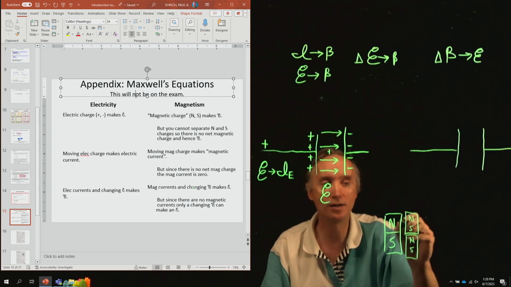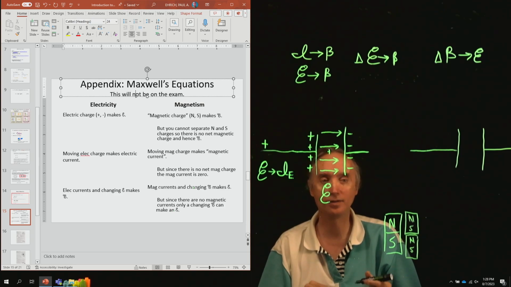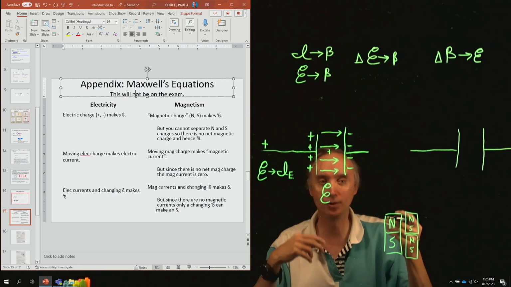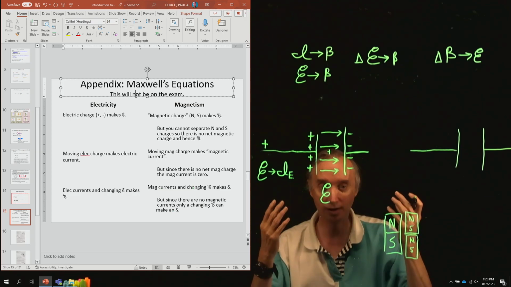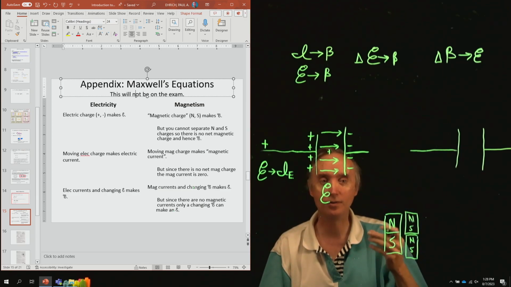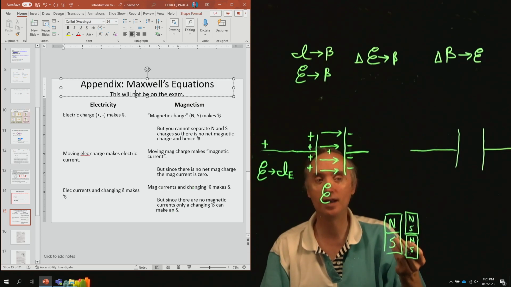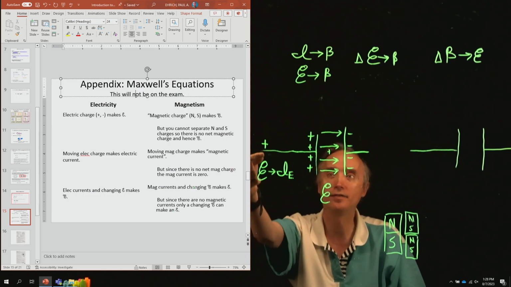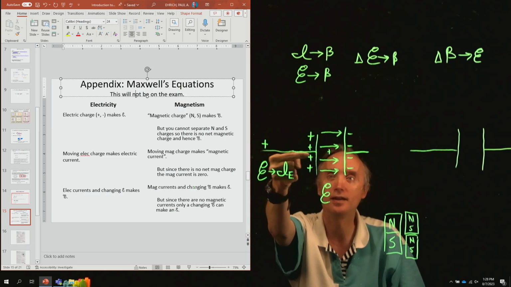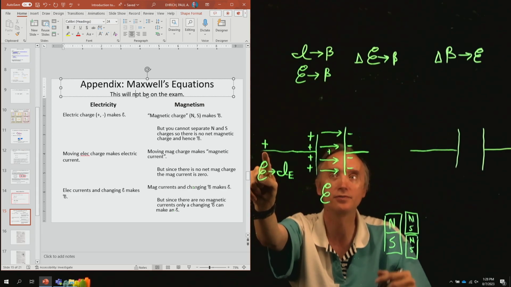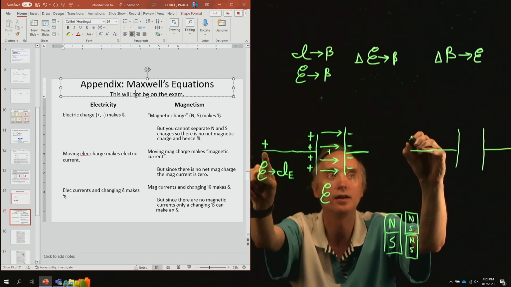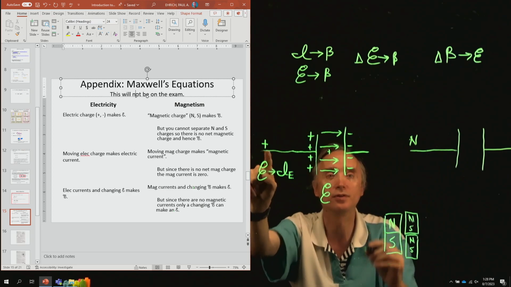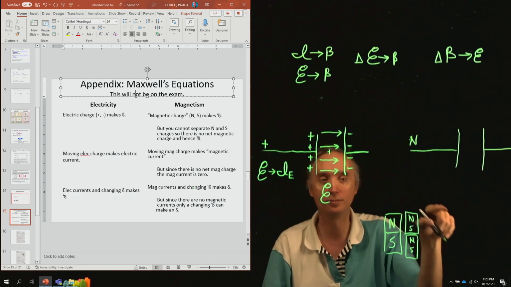So it's impossible to isolate a north pole, but that doesn't stop scientists. People like Einstein could think out of the box. So imagine that you could have an isolated north pole. What would that look like? So instead of having a current that is composed of positive charges, what would happen if you had a current that was composed of north poles?